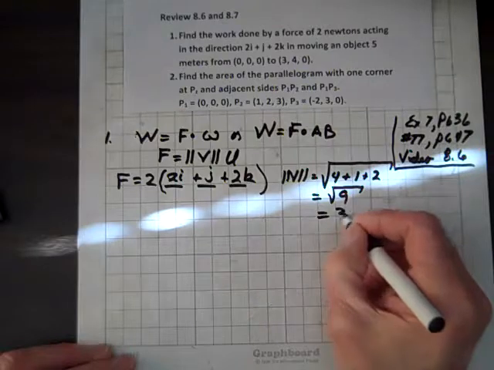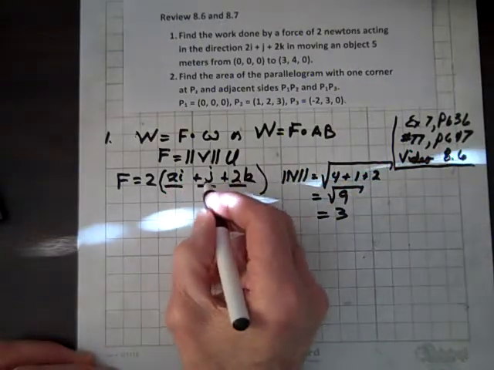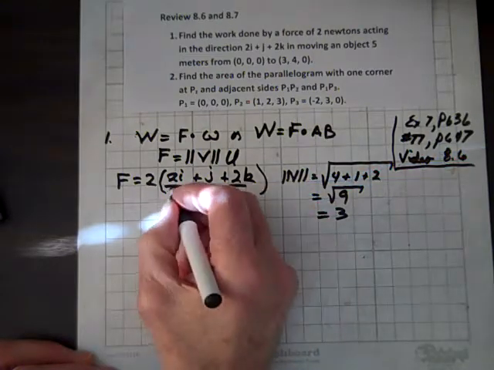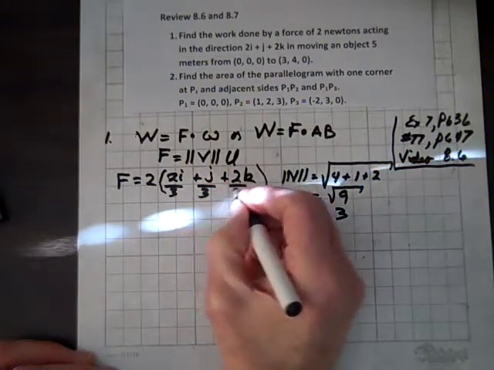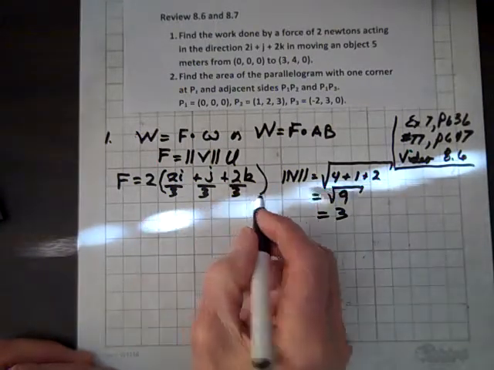So square root of 9 is 3. So the magnitude is 3. If we divide each of these coefficients by 3, then we'll have the unit vector. Now we have it. So that's our force.